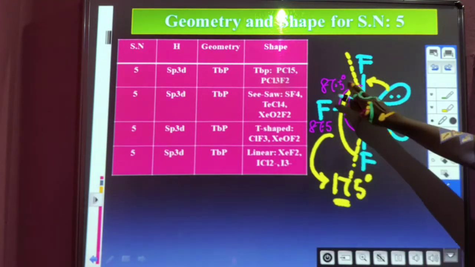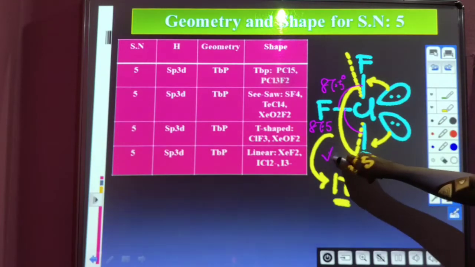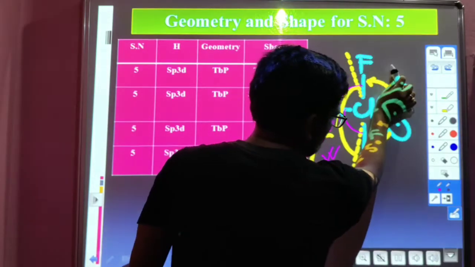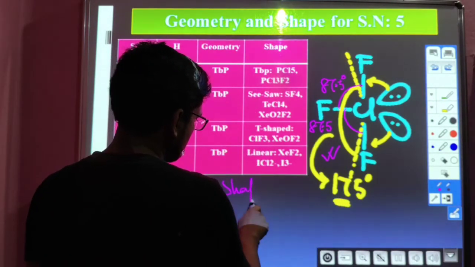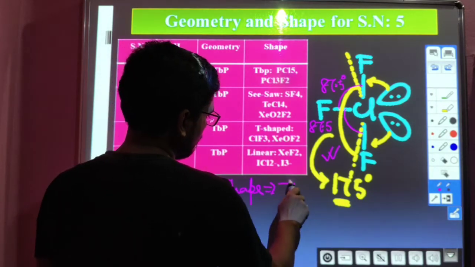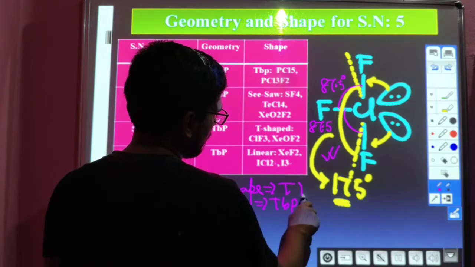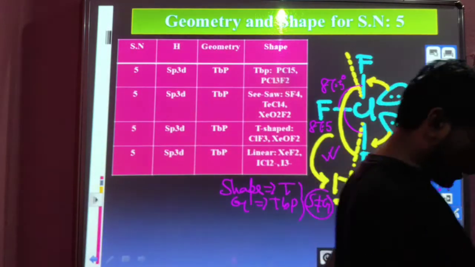You can check it. So what is the shape? Remove this one, T shape. So shape is T, geometry is trigonal bipyramidal, and shape is not equal to geometry. Done.